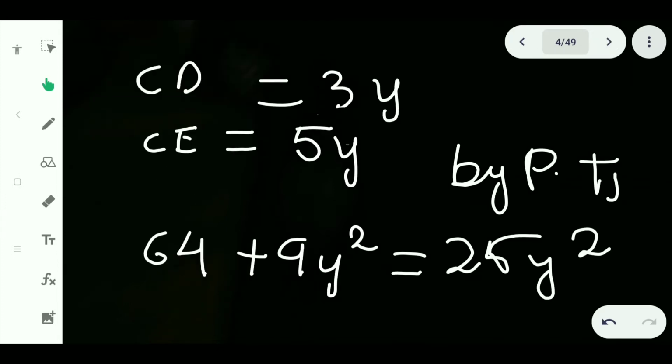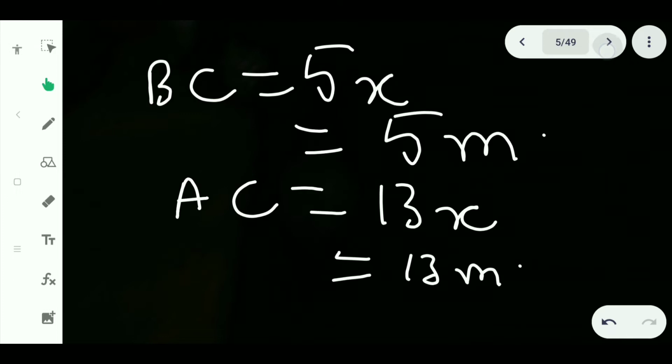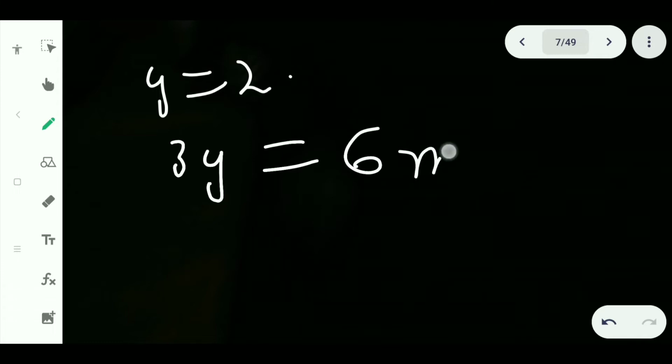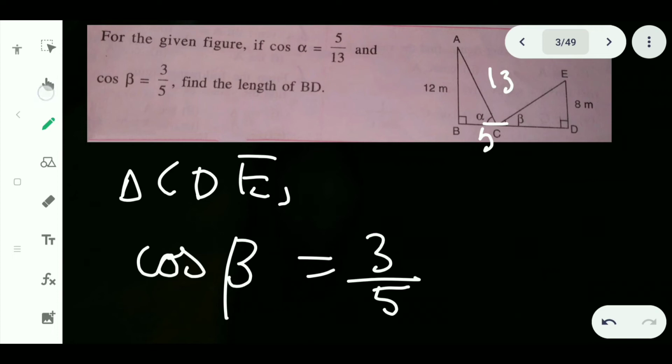We want BD, right? To get BD we would need CD and BC. So CD is nothing but 3y, and 3y is nothing but 3 2s are 6 meter. And we are also having the value of BC is nothing but 5.